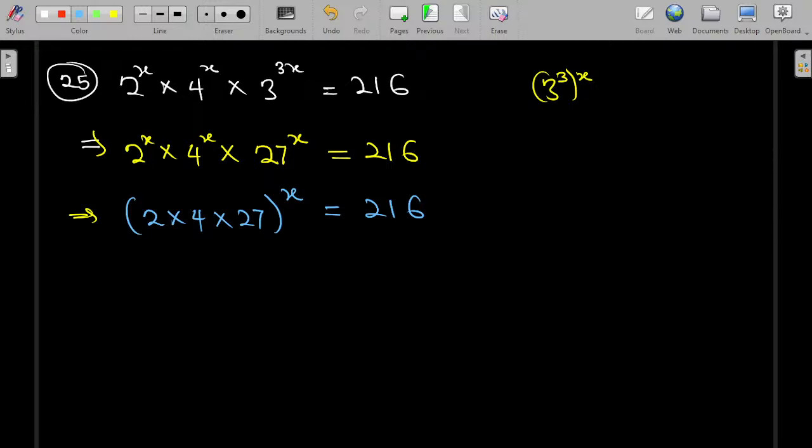And amazingly, you will not believe it, 2 times 4 times 27 is 216, to the power of x. And you are done. 216 on the right hand side makes the power to be 1. Therefore, my x is equal to 1.